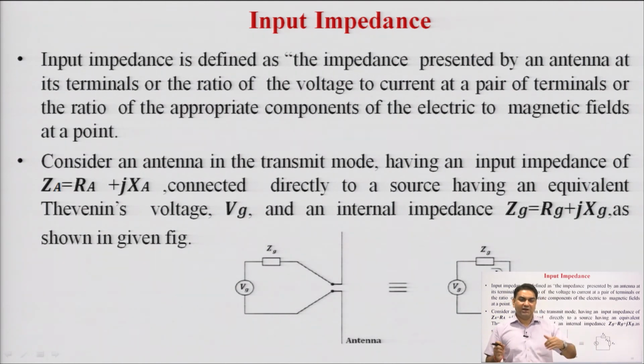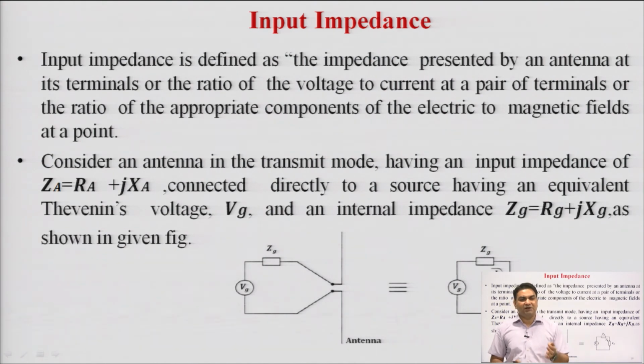So, there is another kind of impedance which comes into the picture, known as antenna impedance. Its Thevenin equivalent I have already described in my previous lectures, but here I want to clarify some aspects of the impedance.